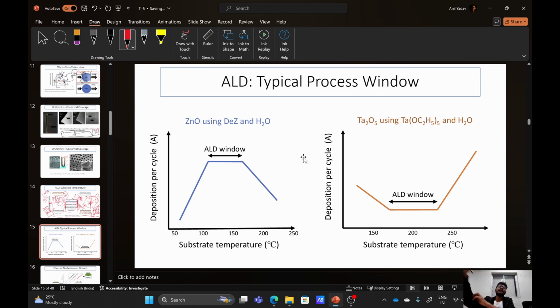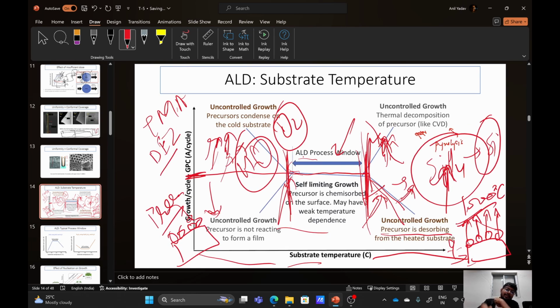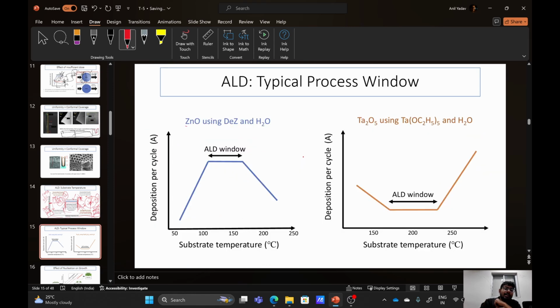So in a typical ALD window, these are the two processes that we have seen in this case: one is the condensation, another one is the reaction. In the zinc oxide case, at lower temperatures diethyl zinc, DEZ, is not reacting at all with the substrate.